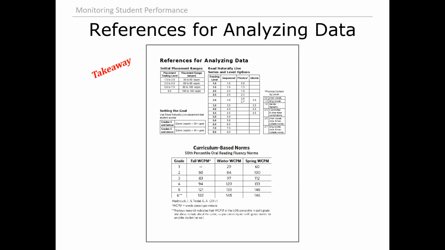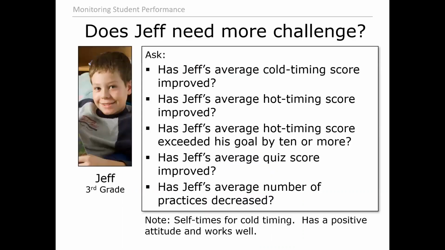In fact, it lists all the data you need for checking initial placement, that first part of monitoring student performance, as well as all the data and information you need for keeping students challenged, that second phase that we're talking about now. So that 1-page sheet gives you all the information about where our levels are at, what our placement guide is, and provides some oral reading fluency 50th percentile numbers for you. So that is a helpful tool in that handout.